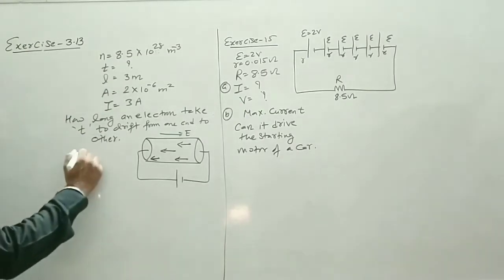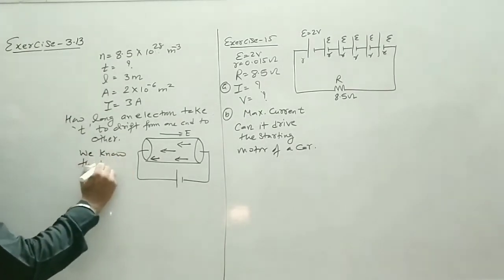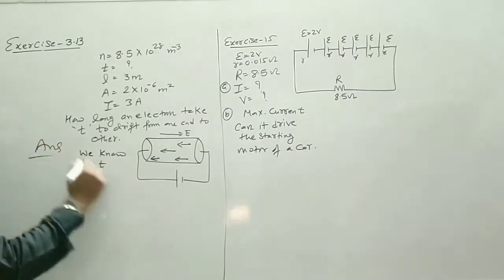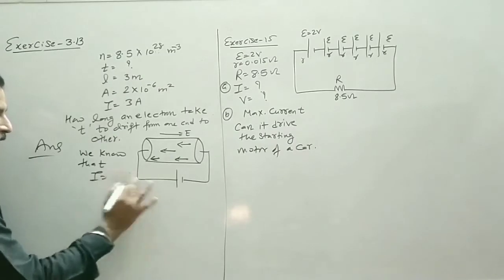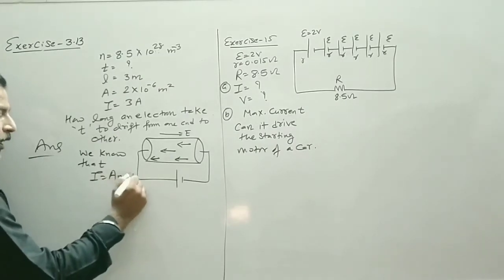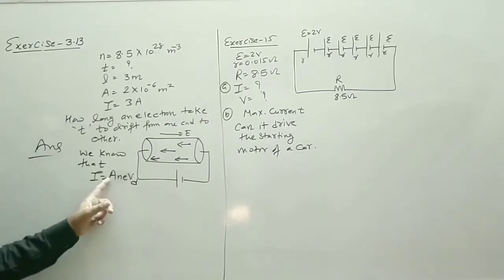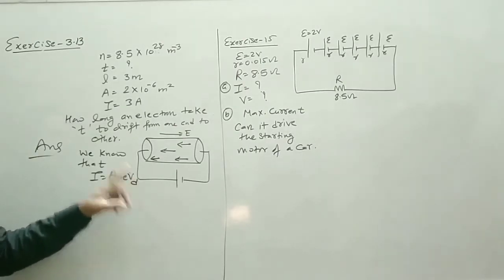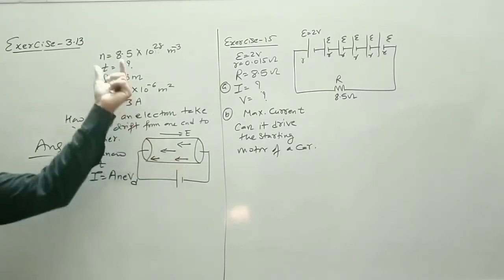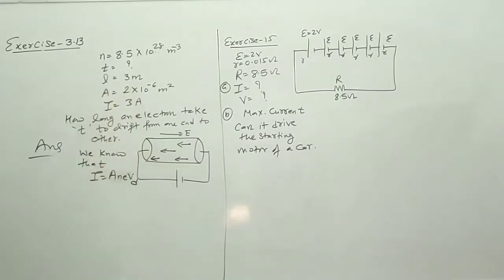So direct application, we know that I is equal to nAeVd. This was our theory, the direct application. A is given, electron density, e value we know. Now drift velocity will be equal to the length of the conductor, which is also given, divided by time.